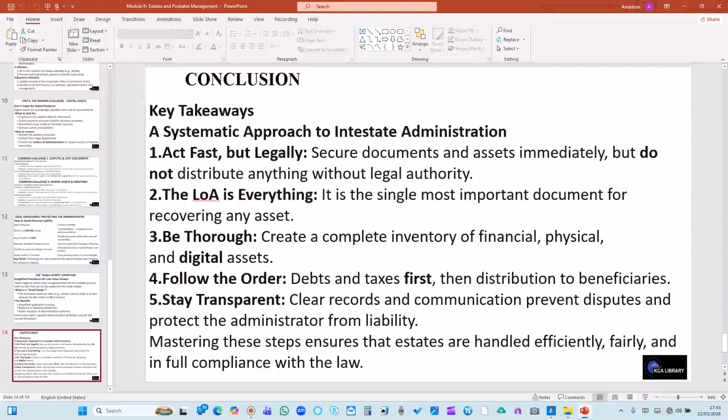Create a complete inventory of financial, physical, and digital assets. Four, follow the order. Debt and tax first, then distribute to the beneficiaries. Five, stay transparent. Clear records and communication prevent disputes and protect the administrator from liability. Mastering these steps ensures that estates are handled efficiently, fairly, and in full compliance with the law. Thank you and have a nice day.